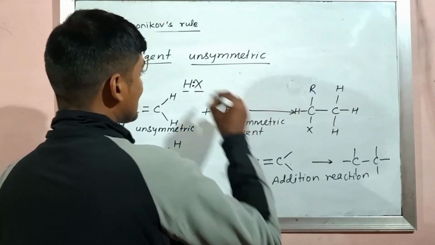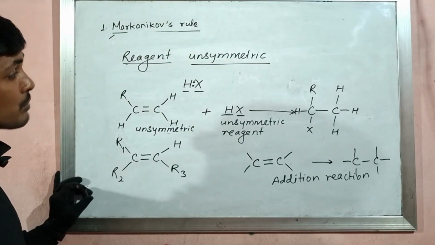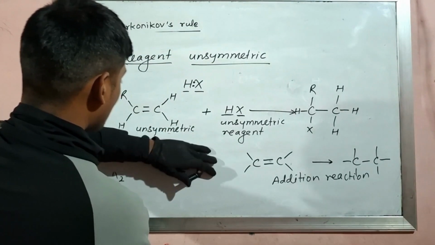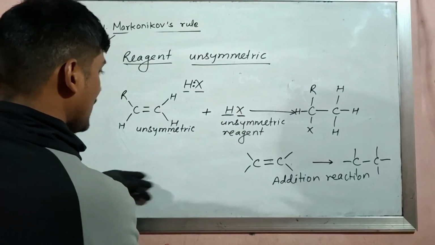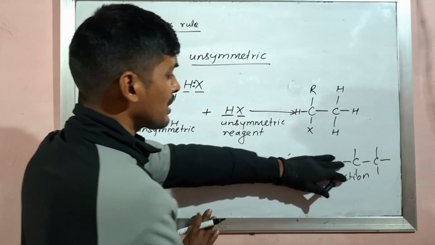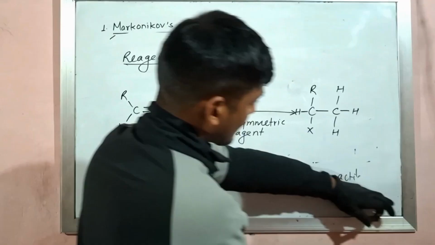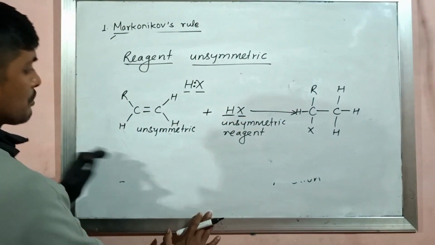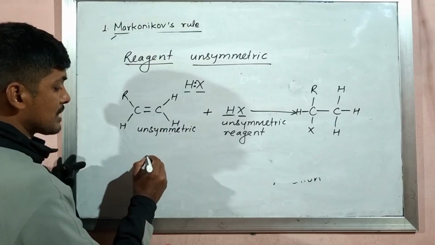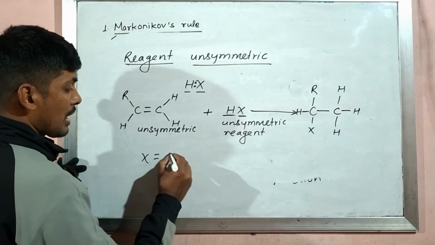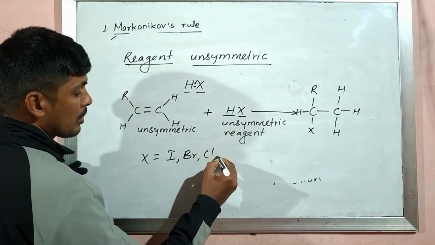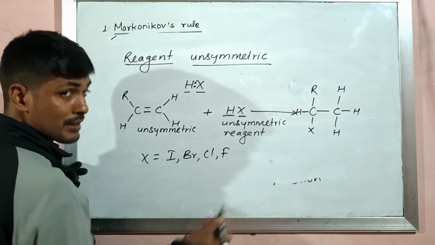So this is called Markovnikov's rule. Here, X represents a halogen. There are different halogens: X may be iodine, bromine, chlorine or fluorine, any one of these.